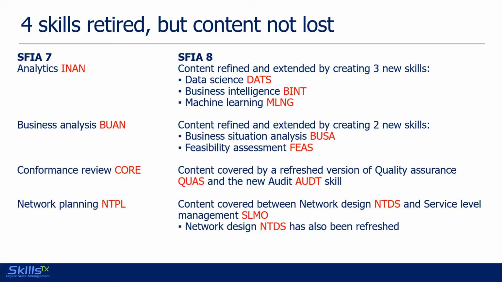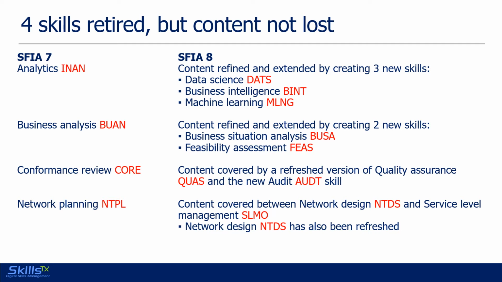Conformance review has been split into two skills. We have audit, which is a new skill, and we also have the existing quality assurance skill, which has been refreshed a little. So in most cases, people will see audit as a direct replacement for conformance review. So that's the normal path to follow in migration, but people should also consider the quality assurance skill and add that if it's applicable.